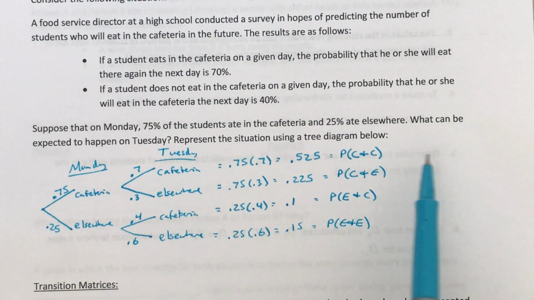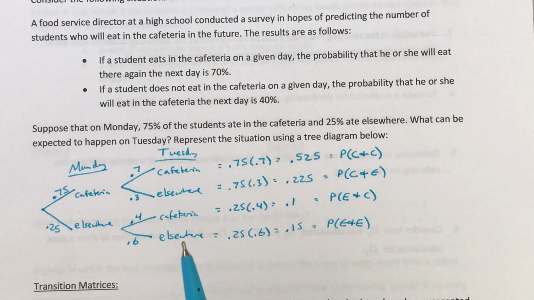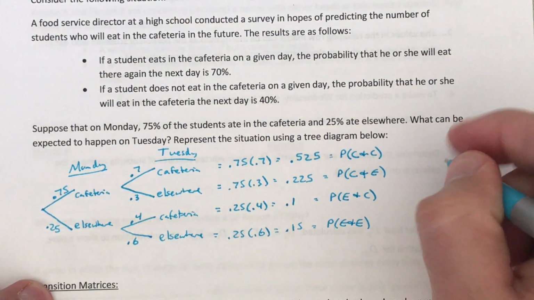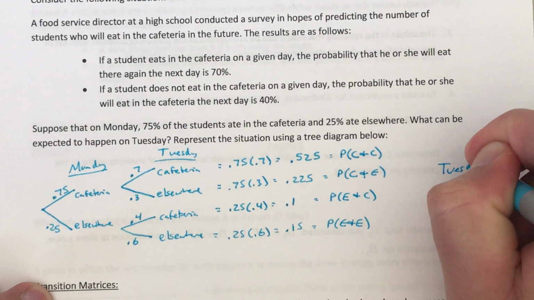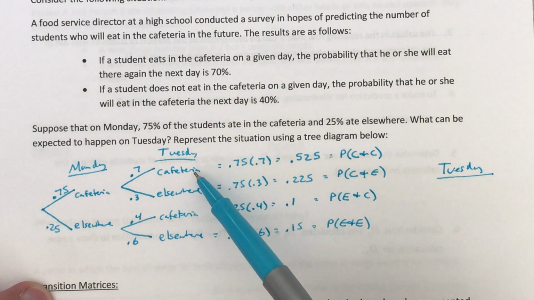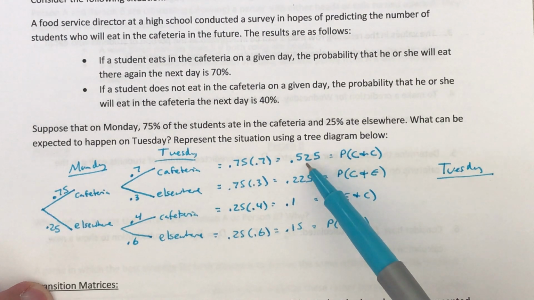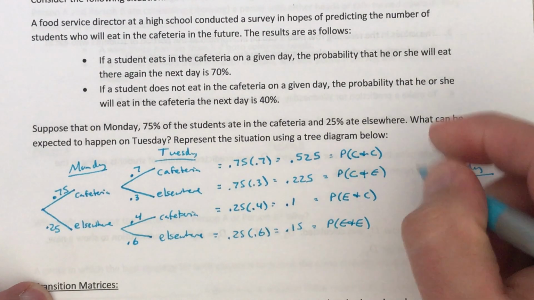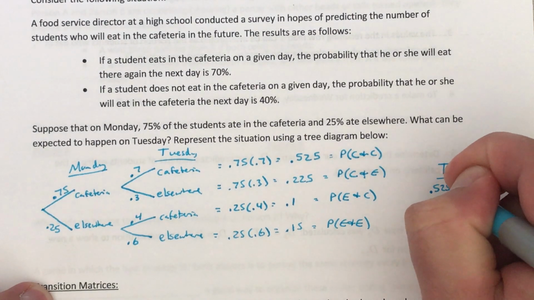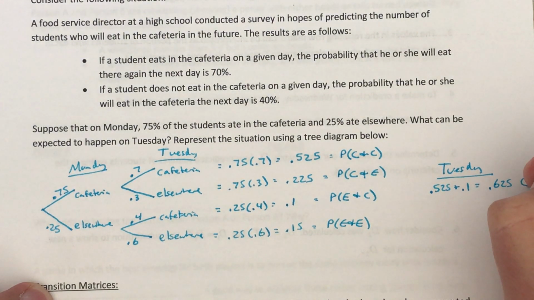So we want to know what can be expected to happen on Tuesday. On Tuesday, it looks like the cafeteria workers can expect to have 0.525 plus 0.1, so that's going to be 0.625 in the cafeteria.